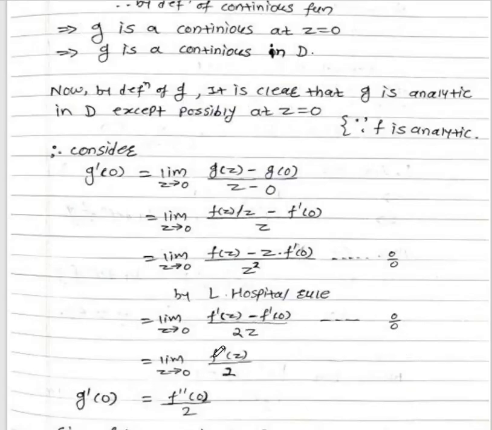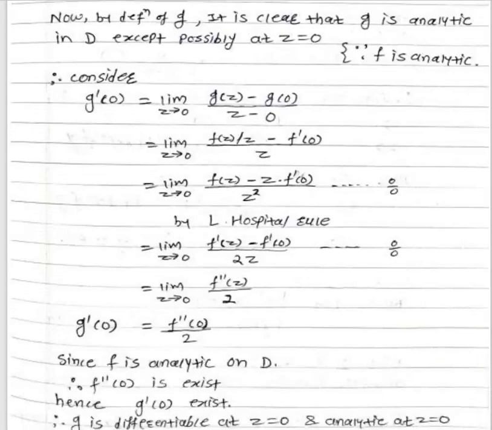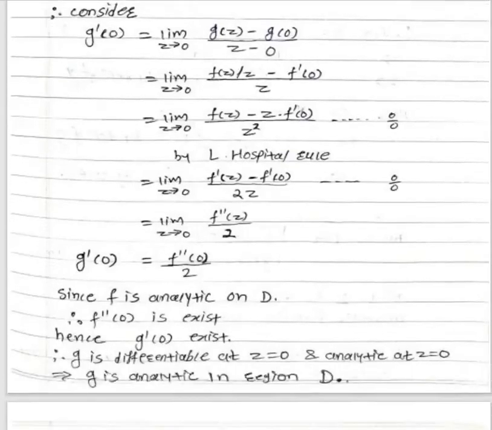So to remove this form, we will apply L'Hospital rule again. So limit z tends to 0 of f double dash of 0, this is the constant term, divided by 2. Now we take the limit z tends to 0, and we get g dash of 0 equal to f double dash of 0 divided by 2.